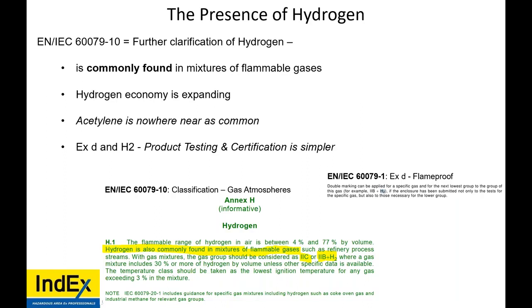Acetylene is nowhere near as common within our industries, LNG, oil and gas. Acetylene, I know of for welding, but other processes, it's rarely ever found. So EXD products that are only tested to 2B plus H2, the testing and certification of this equipment is much simpler.